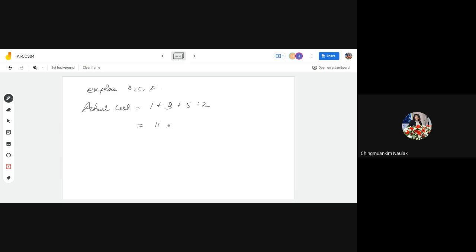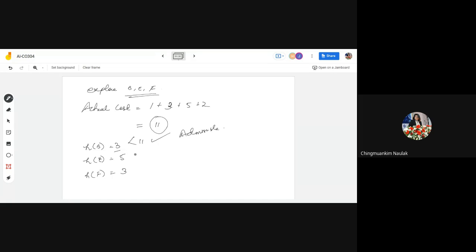Now you're going to compare these values with the heuristic value of each of these nodes, okay? Let me write it here again. Heuristic value of B was given as 3. Heuristic value of E was given as 5, and heuristic value of F is given as 3. Now if you compare this 3 with 11, it is lesser, right? So it means it is admissible.